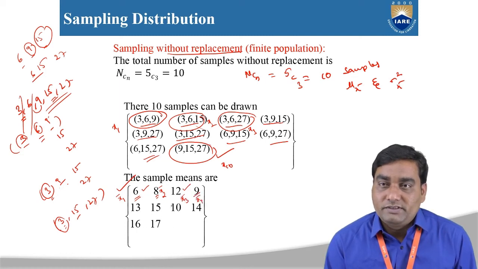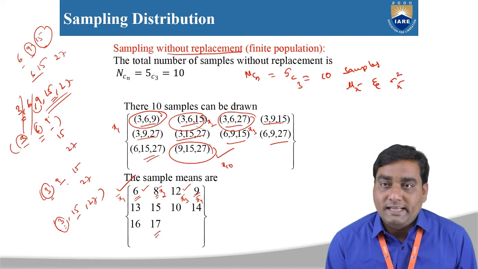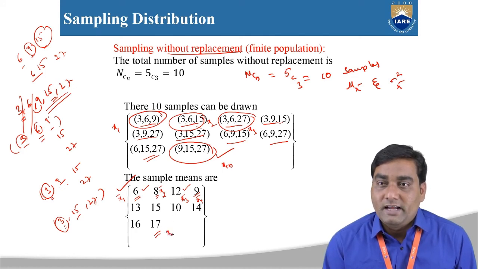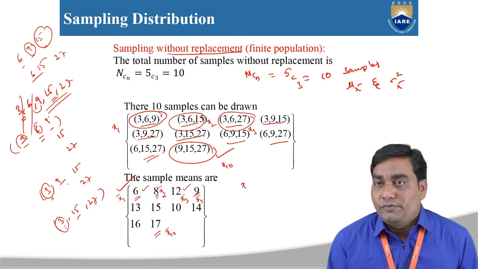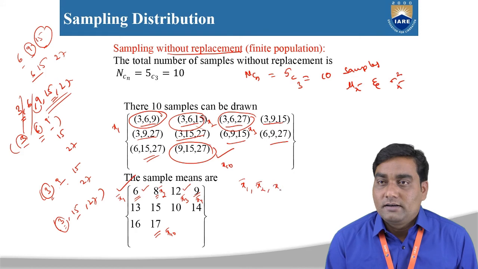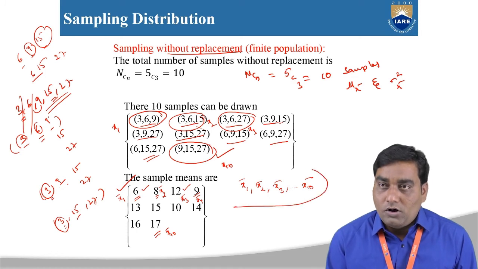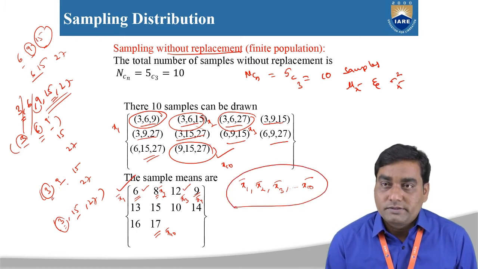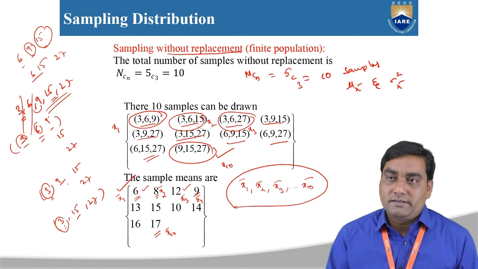Like that, fifth, sixth, seventh, eighth, 10th sample: 9 plus 15, 24 plus 27 by 3, which is 17, x10 bar. So we got x1 bar, x2 bar, x3 bar, and so on, x10 bar. So we got all the means of the samples, 10 sample means.